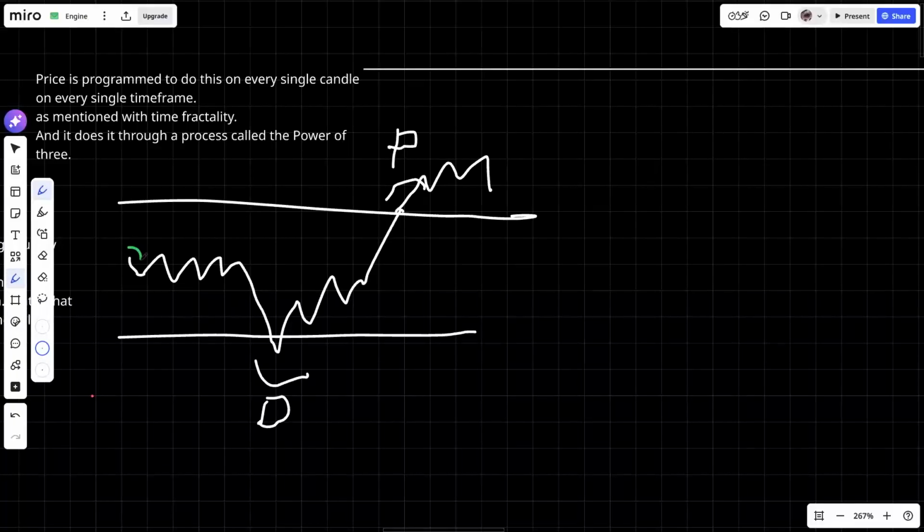If this is your open right here, we would open right here. Then we would trade all the way down to here. So this right here would be a wick, right? And then we trade all the way up here. And let's say we come back a little lower and close here. So your candle will look something like this.